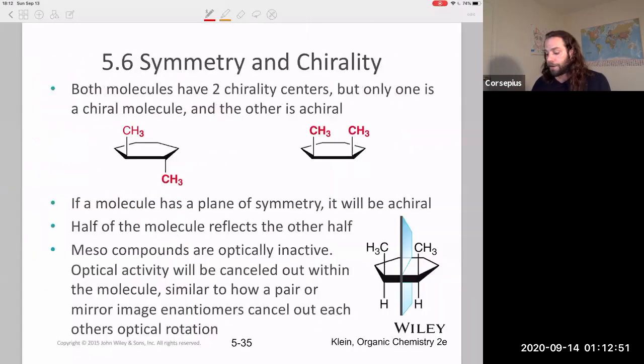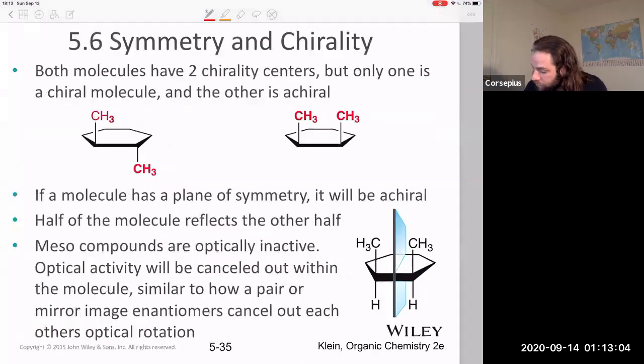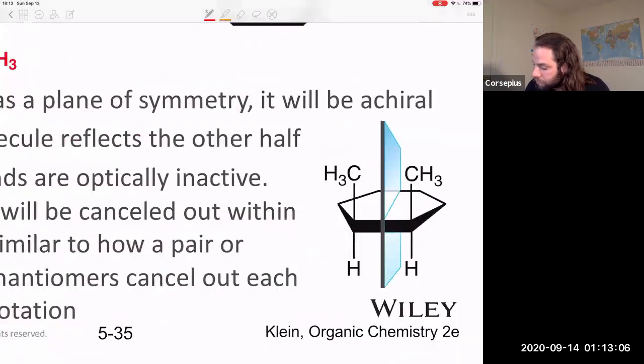There's an easy way to spot whether a molecule is going to be a meso compound, and that is if it has a plane of symmetry that goes through it. For the cis 1,2-dimethylcyclohexane, it has this plane of symmetry running through it.